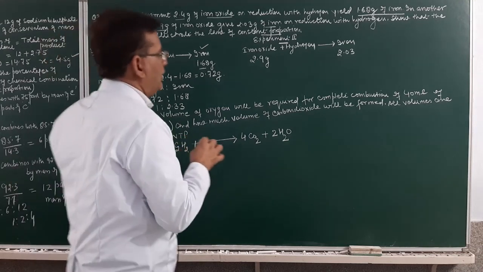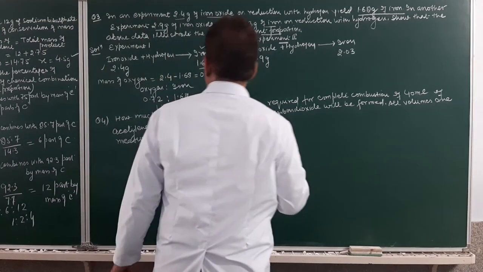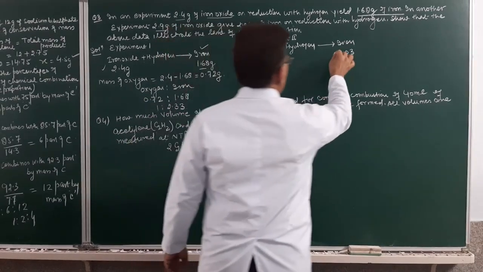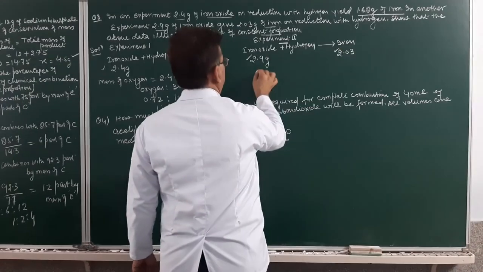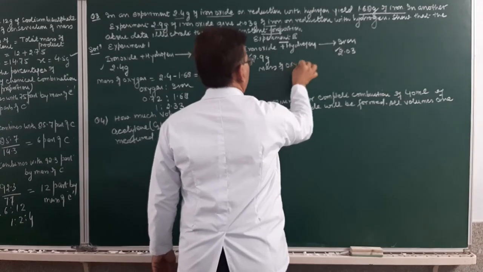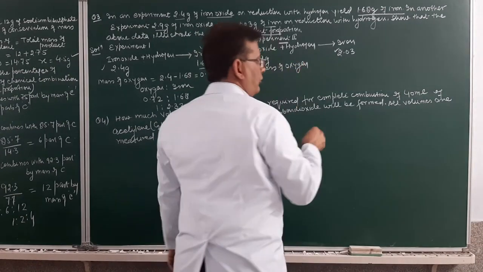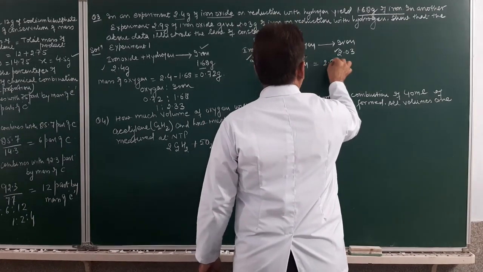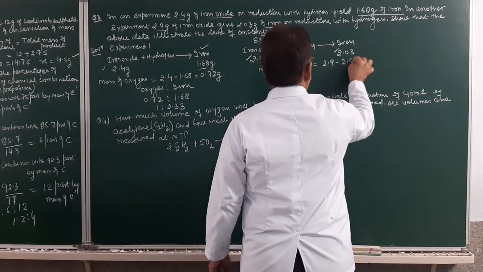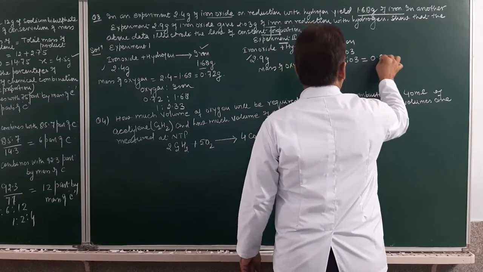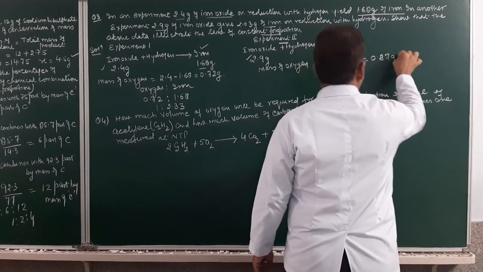Now if I look at another experiment, here the mass of iron oxide is 2.9 gram, and the mass of iron is 2.03. So find out the mass of oxygen. What value will come over here? It will be equal to 2.9 minus 2.03. What value will be obtained? This will be equal to 0.87 gram.